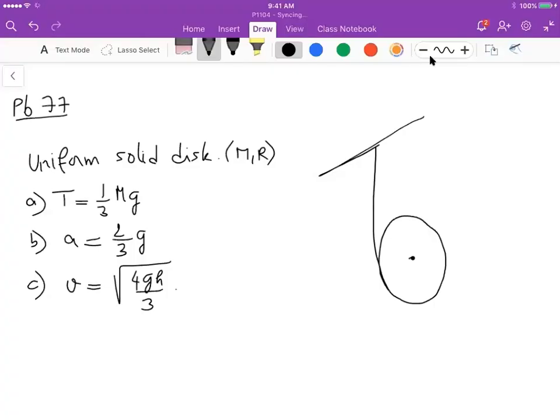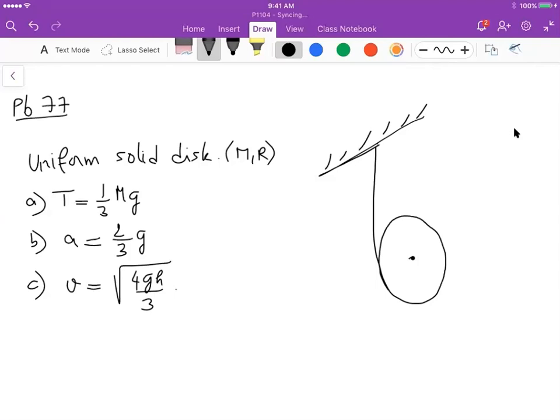So here is our figure. This is the disk here, and it's actually attached to some support through the string which is wound around it. Now, in the first question, we were asked to show that the tension in the string is equal to 1/3 times mg.